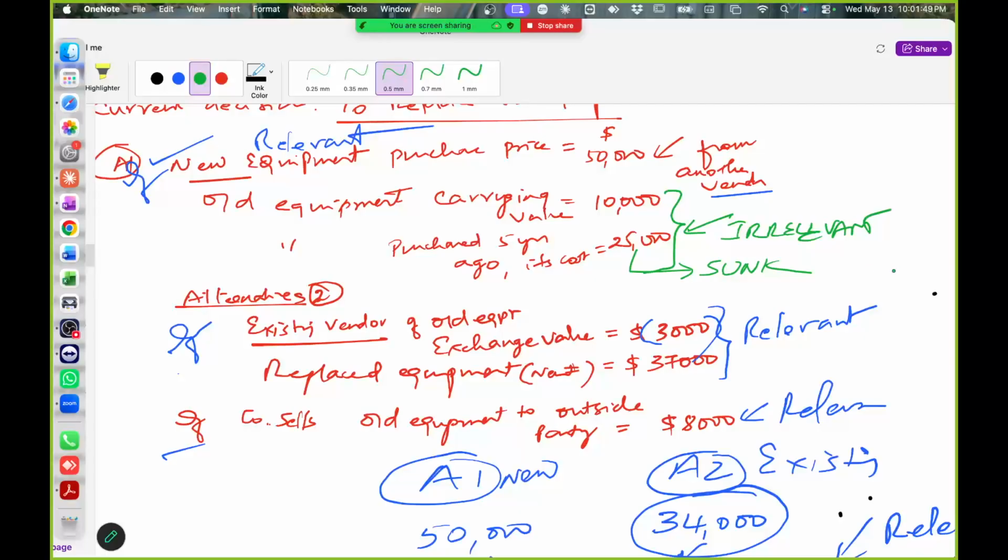Book value, carrying value, purchase cost, past cost is irrelevant, but past incurred cost technically is known as sunk cost. Under irrelevant: sunk cost, past cost.